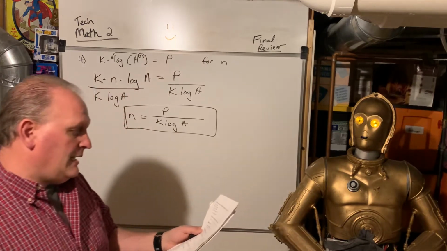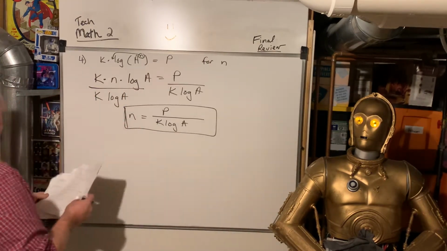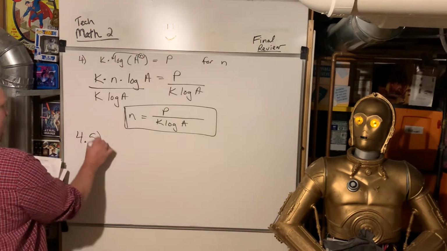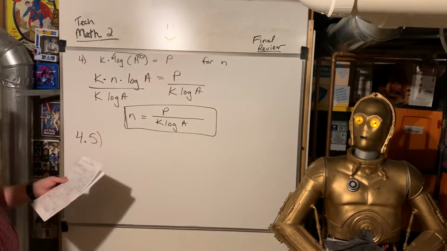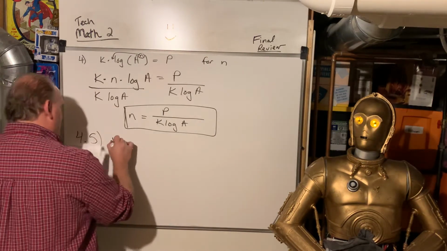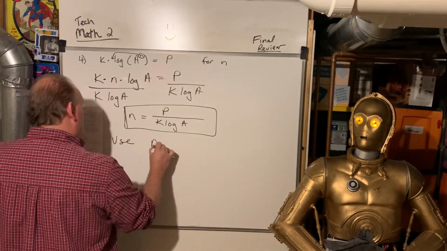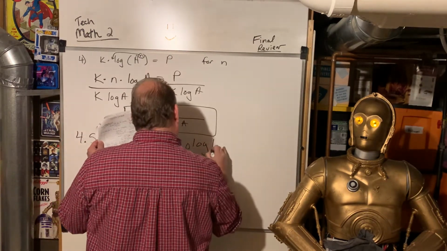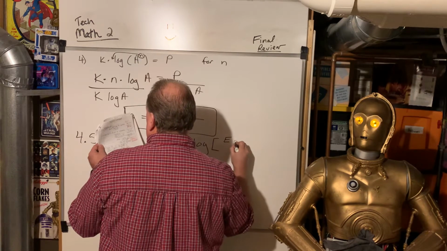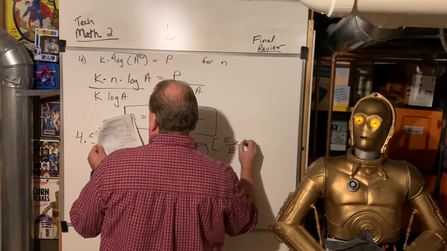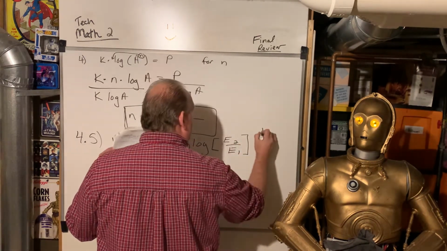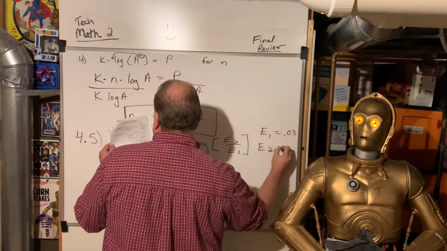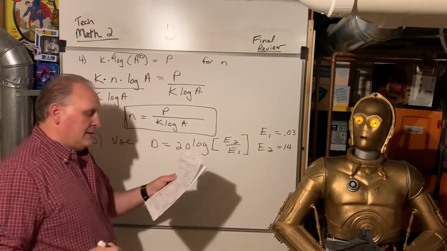So now let's look at the made up one. So I made up one, I called it 4.5. Anytime there's a decimal, you know what, I just made it up. So on the test, they say use this formula, E2 over E1, and then they give you E sub 1 is equal to 0.03, E sub 2 is equal to 14, and round to a whole number.